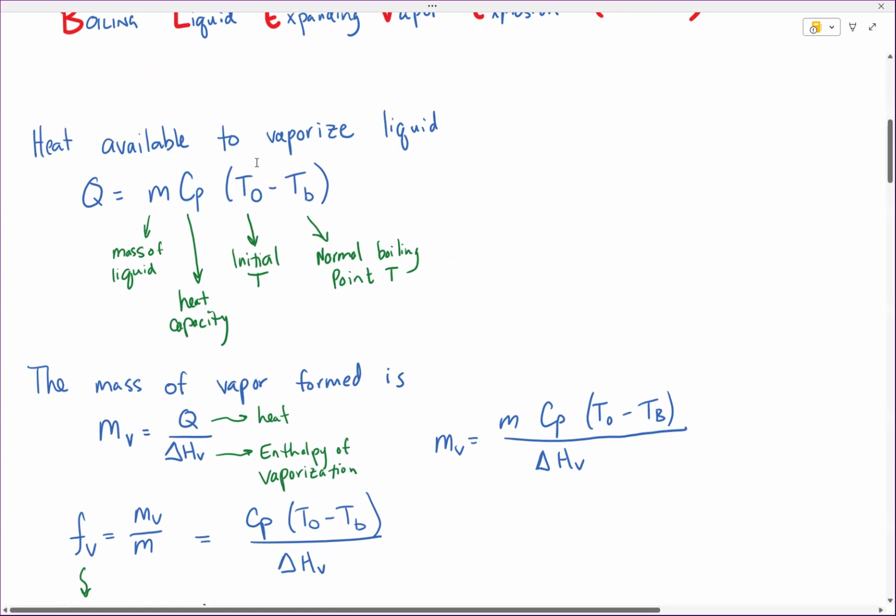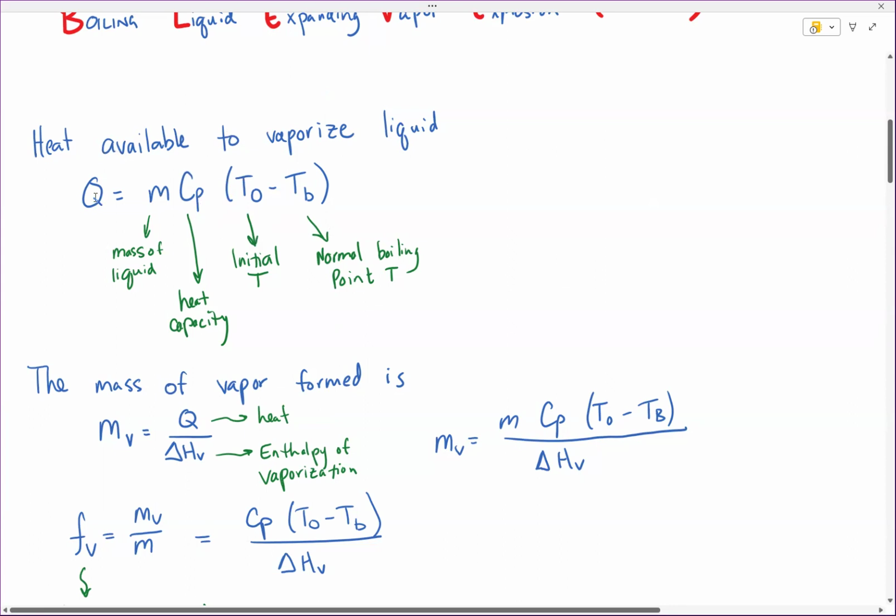But when that pressure is relieved, that relief of the pressure is going to cause the liquid inside to boil. So the expression for the heat available, I like to think of this as the excess energy, or the energy that the liquid has that is above the boiling point, is equal to m, the mass of the liquid, times the heat capacity of the liquid, times the quantity of T naught, the initial temperature, minus TB, or the normal boiling point.